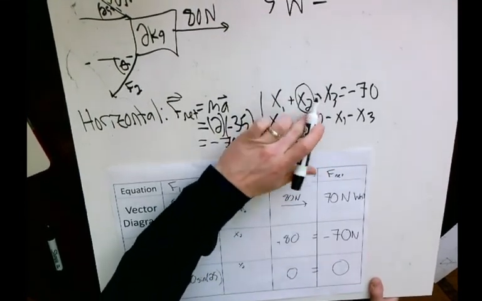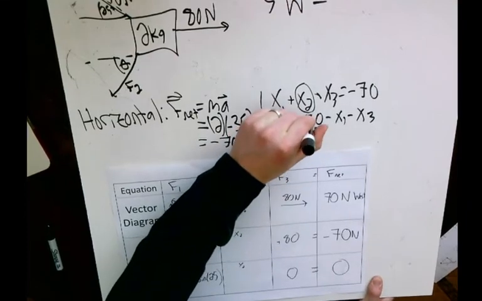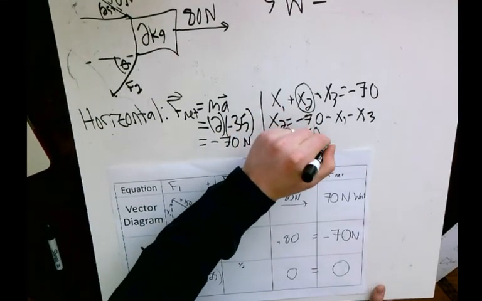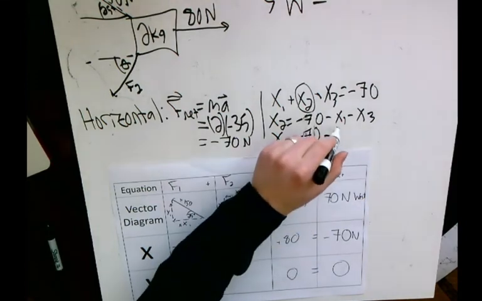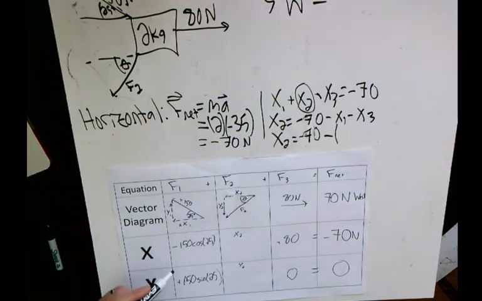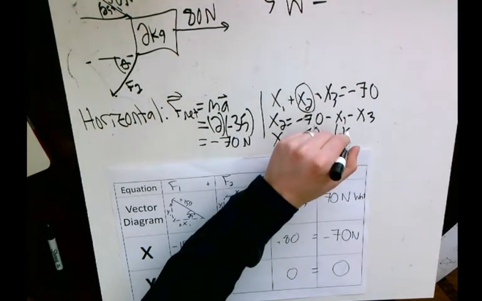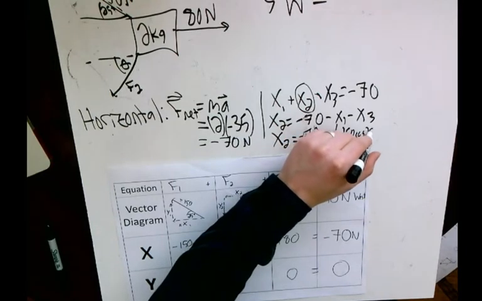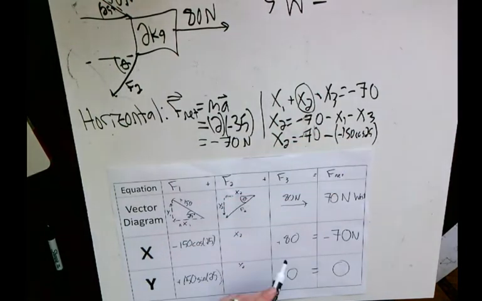Negative 70 minus our negative 150 cosine 25 minus our 80.